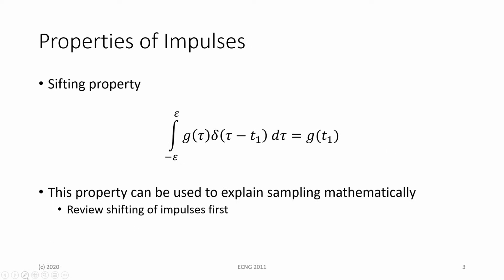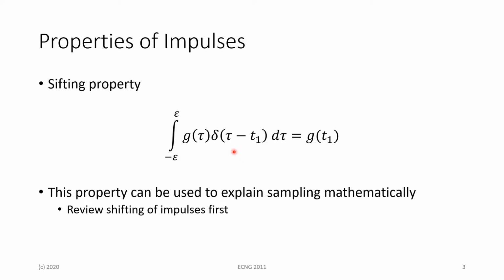We also observe the shifting property of the unit impulse. This was important when we started discussing the topic of sampling, as to how we can use the unit impulse and shift it around accordingly with some arbitrary continuous time signal g of t, or in this case g of tau, and then find the area underneath this in order to extract a particular time instance of g of t.